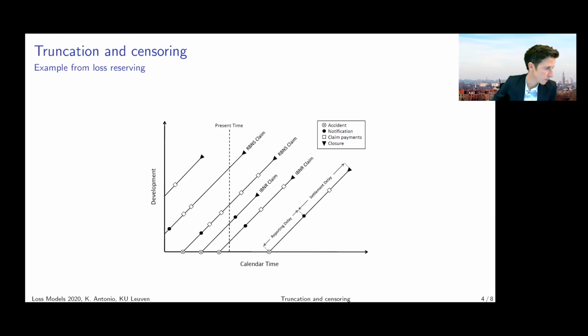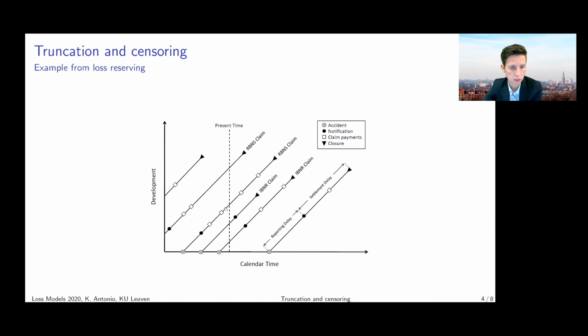If you look at the censoring, if you look at the amount that you pay on this claim, it would be the sum of the euros that correspond to the white squares, because these are the claim payments. So if you look, for instance, at this claim, this is a claim which is on its way. It has been reported. We already did 2 payments, but at the present moment, the claim is not settled yet, because this black triangle is taking place beyond the dashed line, beyond the present moment.